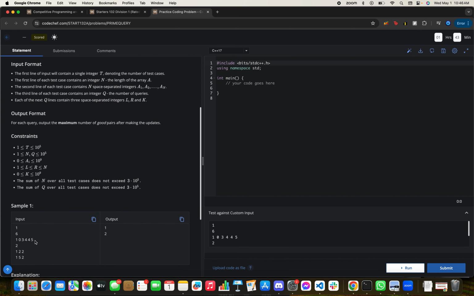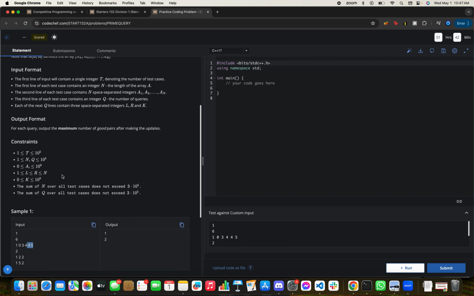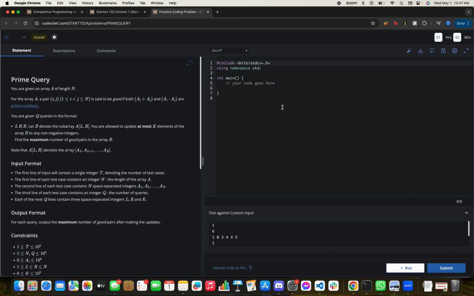So now it's just like, here we want to take the subarray. And I think ideally what we'd want to do is find the number of 1s and 2s and then just add until they become equal, right? Okay, it's easy.